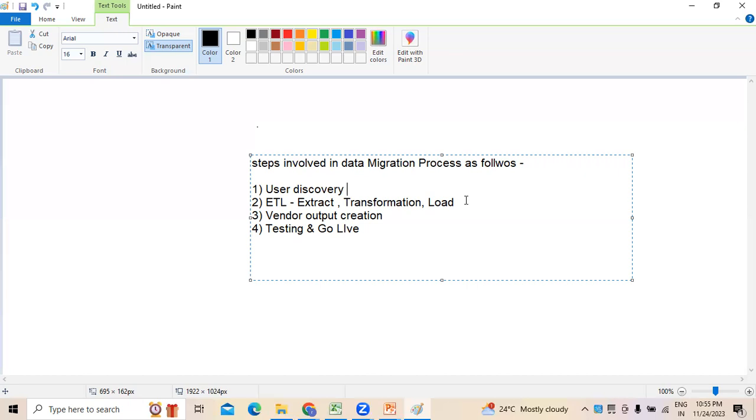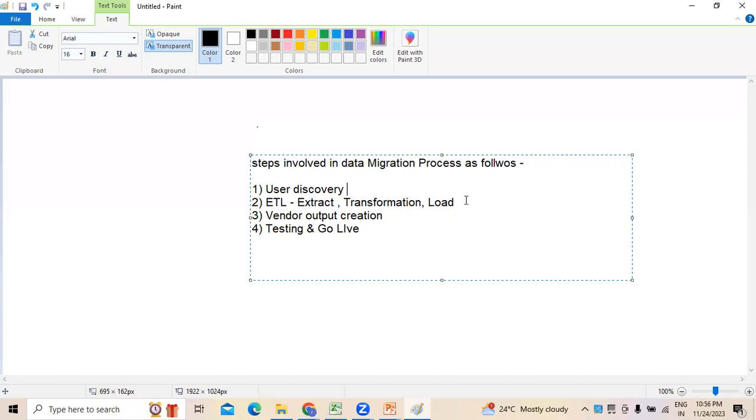Being a business analyst, whenever we are working on projects, especially on data migration, these are the core basic steps which we must be good and familiar with.